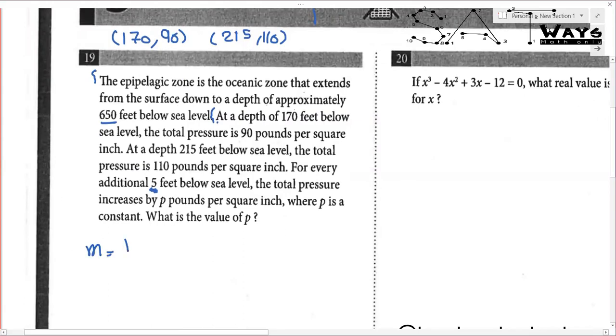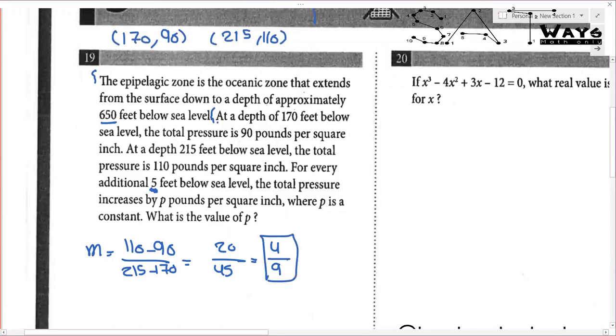Okay. So slope: y2 minus y1, 110 minus 90, over x2 minus x1, which is 215 minus 170. Which means 20 divided by 45. Dividing 5 up and down, it's going to be 4 divided by 9. This is the rate of change per unit.